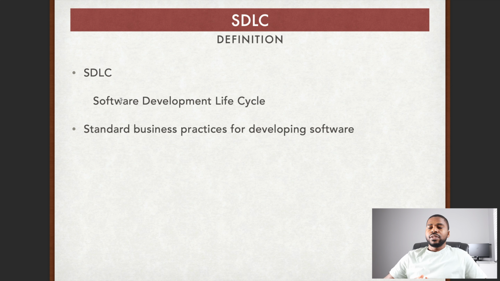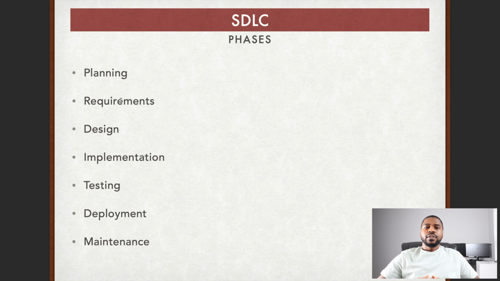Now let's talk about the software development lifecycle, also known as SDLC. So the software development lifecycle is a set of standard business practices for developing software. The SDLC is broken down into phases that I'm going to explain. So let's start with the planning phase.